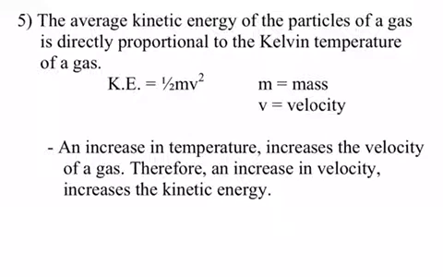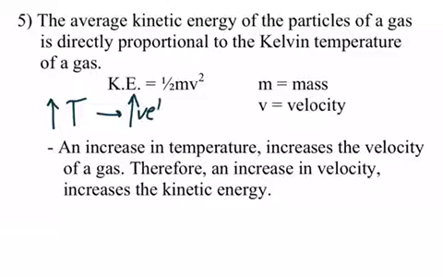Now, if you look here, there is also a relationship between temperature and kinetic energy. Okay? So if you look at this definition, it says that the average kinetic energy of the particles of a gas is directly proportional to the Kelvin temperature. What that means is that if I were to increase the temperature, what that will do is it will cause the gas particles to move faster.